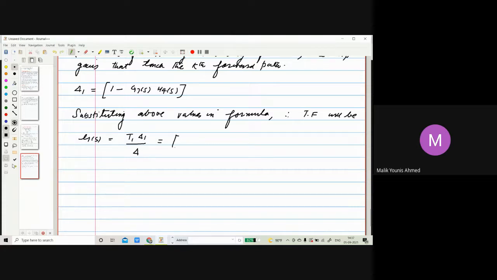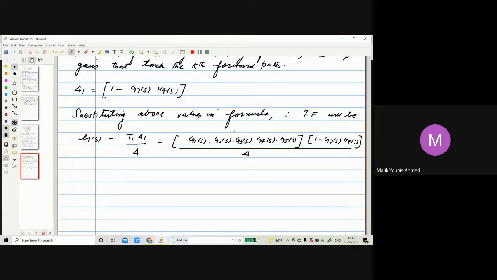So these values will be G1 of S into G2 of S, G3 of S, G4 of S into G5 of S. So that is T1 into delta 1, which is 1 minus G7 of S, H4 of S, divided by your delta. You don't need to write it in this type of question. You can simply write delta. We know we have written delta. All those values we don't need to write.